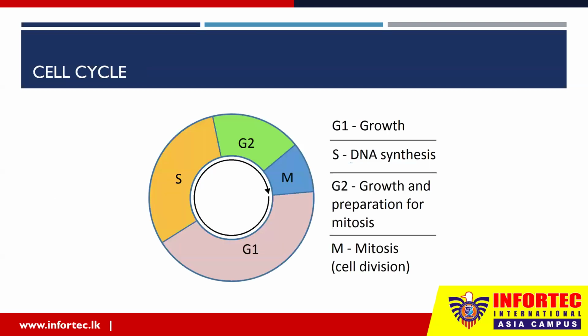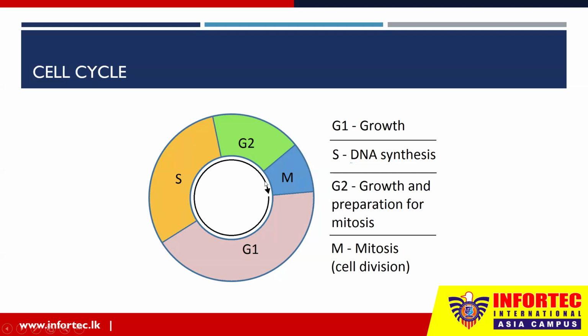Okay. Before going into the nuclear division, I'd like to focus on the whole cell cycle. The cell cycle has four main phases: G1, S, G2 and M. G1, S and G2 together are called interphase.